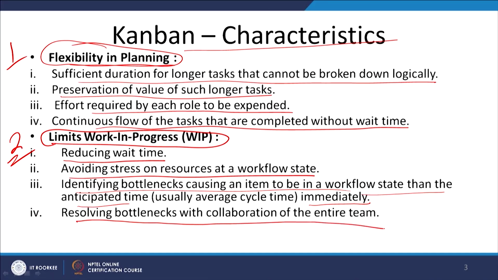So, this is going to help you generate more certainty, more on time delivery because of limited WIP, and because there is limited stress, the system is not under stress, therefore, you can resolve bottlenecks. If there is a long queue of items waiting to be processed, you will not be in a position to take corrective actions, but if only 1 or 2 items are there, then you may stop the line.